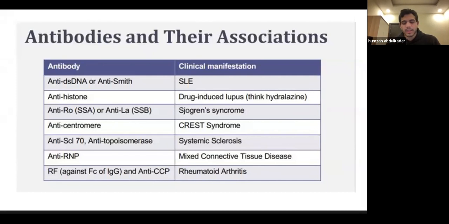If everything else is clear here, I'll move on to the next question. Yeah, anti-Jo, anti-Mi-2. Everything clear? So I'm not sure about anti-SSB, but it's definitely associated with anti-SSA. I'll move on.